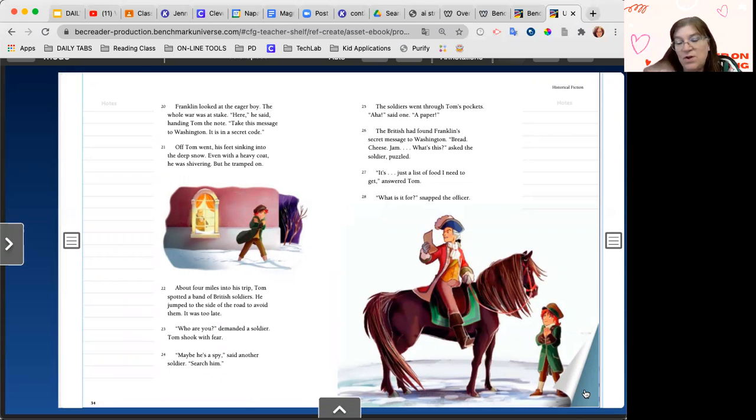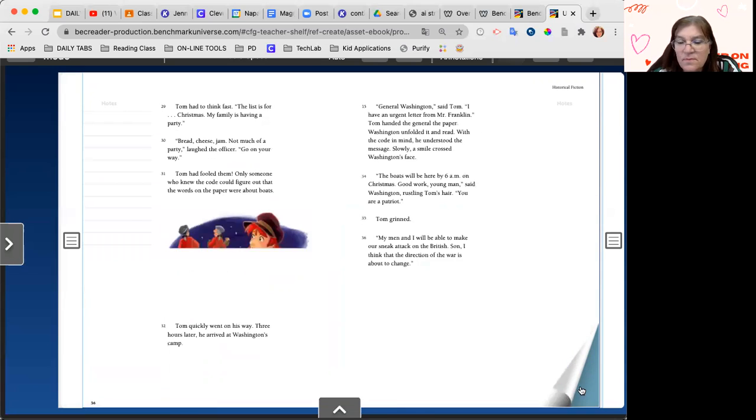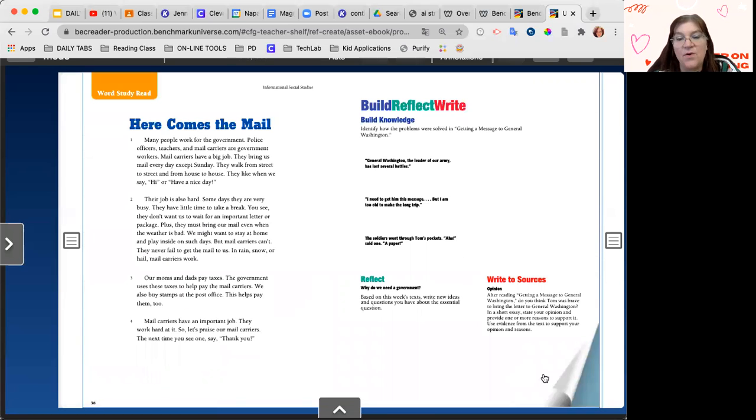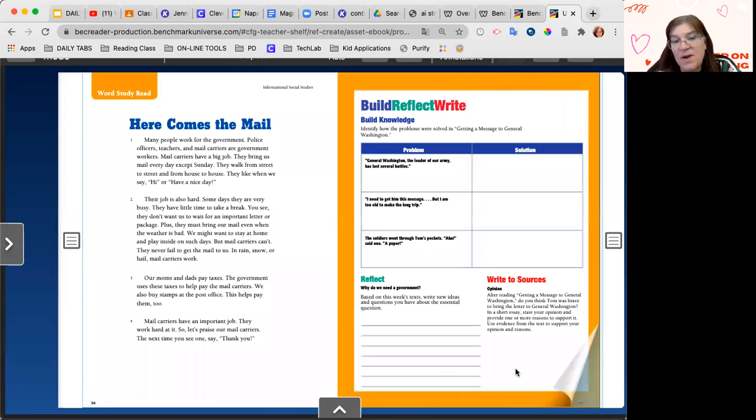You could also have them talk about, the other thing I thought about with second grade, because this is all about government and jobs and who does what, and I think I looked at third grade curriculum as well, you could create some sort of class election, create a position that is necessary for your class. And instead of having everybody take turns, everybody has to apply for the job.